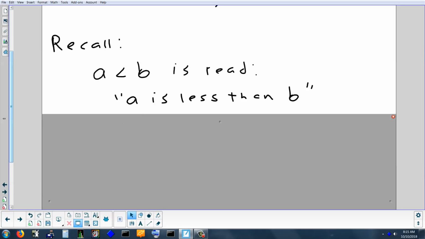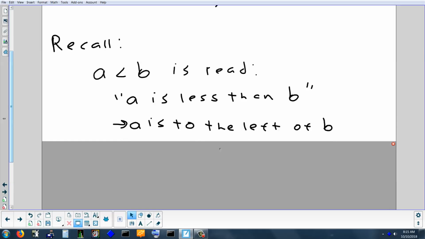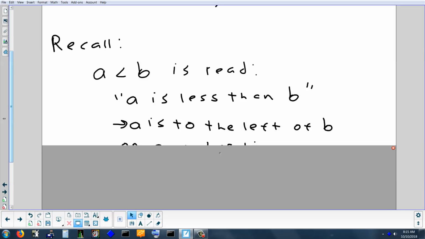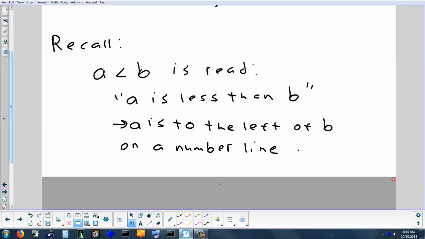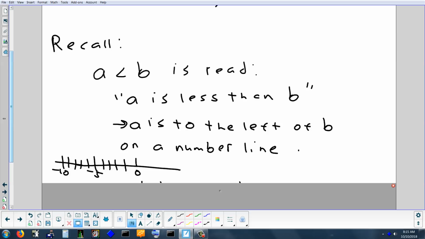So, especially with negatives, if you get stuck and you're like, I can't figure out, negative 10, negative 11, which one is less than the other? Well, I think of it like it's on a number line. If I draw a number line, and I had 0, negative 1, 2, 3, 4, 5, negative 6, 7, 8, 9, 10. Some people see negative 10 and they're like, oh, 10, it's a bigger number, right?